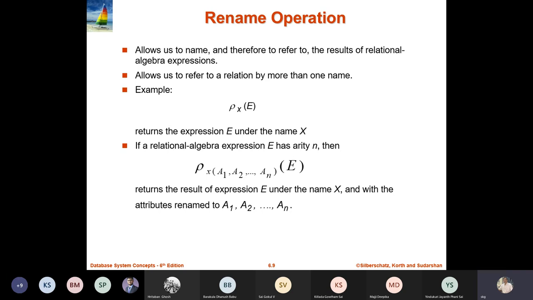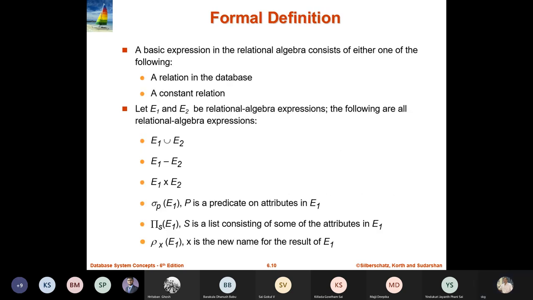We will see that in a number of cases this rename operator will be helpful, especially while joining a number of schemas or relations.